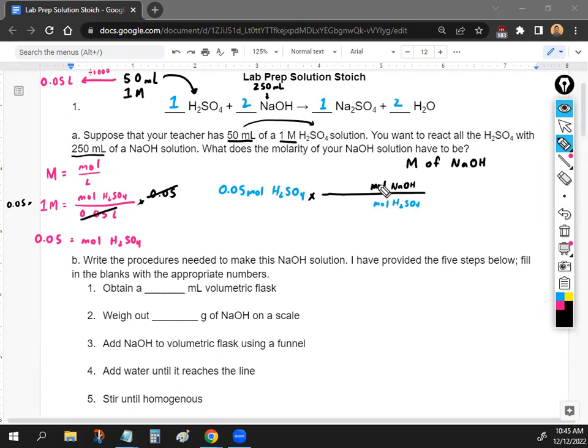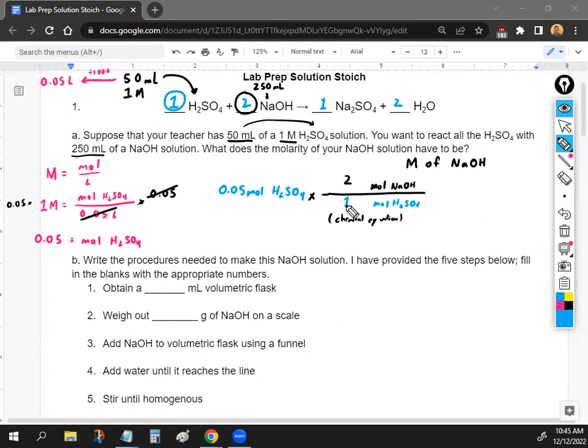Okay, since we have moles and moles on the same fraction, we're going to get the numbers from the chemical equation. Okay, so we just got to look for these chemicals. If you look at NaOH, it has a 2 in the front, so we're going to put a 2 right here. If you look at H2SO4, there's a 1 in the front, so we put a 1 right there.